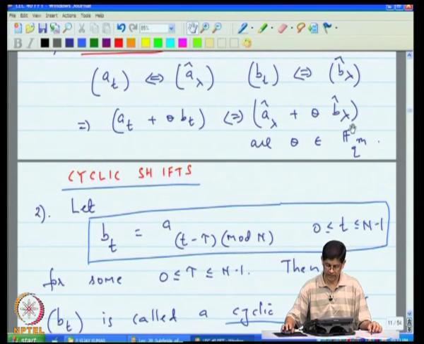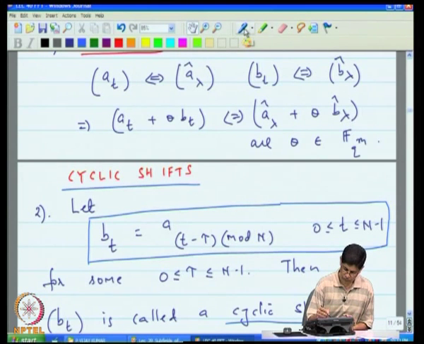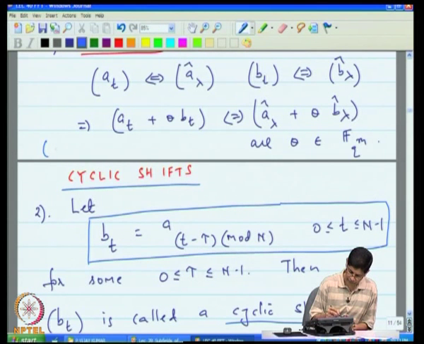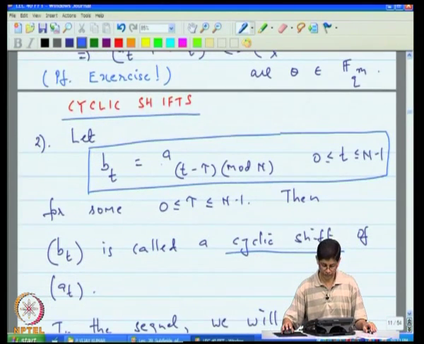So that is linearity, and this is easy to prove. I will leave this to you to show as an exercise. It is straightforward.